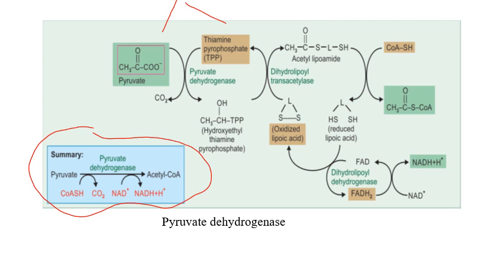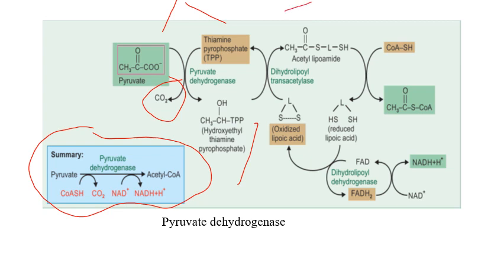Then, pyruvate decarboxylase helps in the release of carbon dioxide from this condensation product, and we get an intermediate known as hydroxyethyl thiamine pyrophosphate. The hydroxyethyl group is attached to the reactive carbon of the thiamine pyrophosphate.